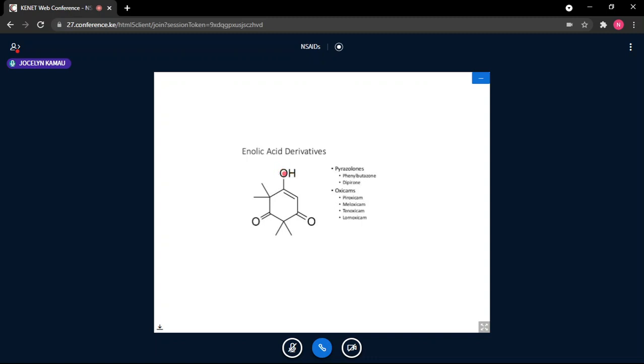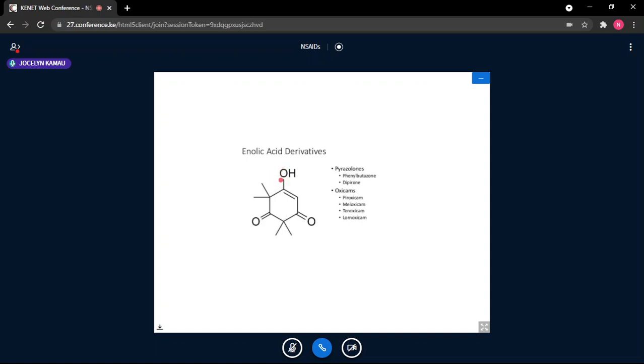Remember, this oxygen is highly electronegative, pulling electrons towards its side, and therefore this hydrogen is quite naked, deficient in electrons, and can be lost as a proton. So the drug becomes a proton donor and hence an acid. And those electrons that are left behind can come in to form a double bond there.